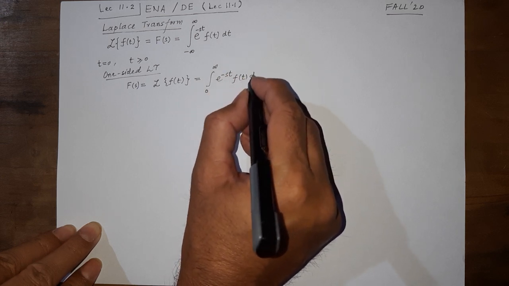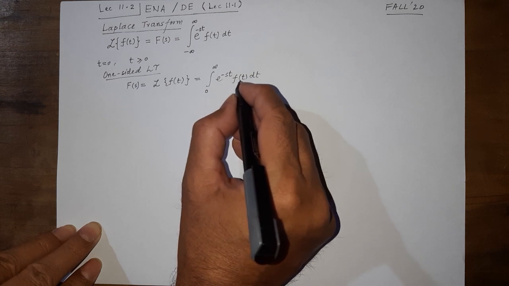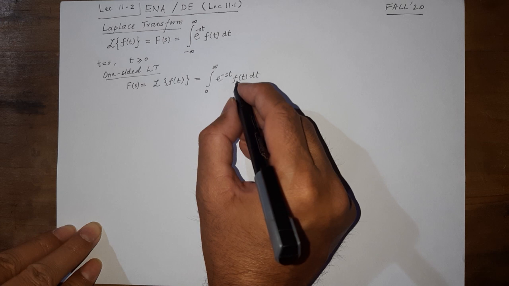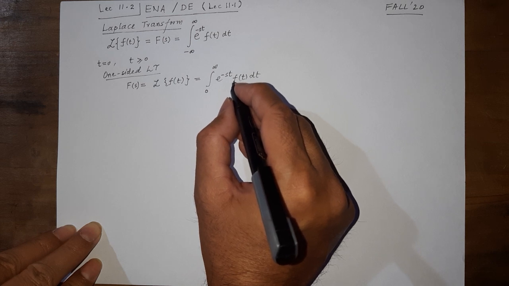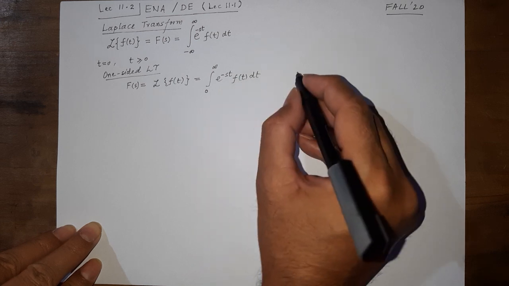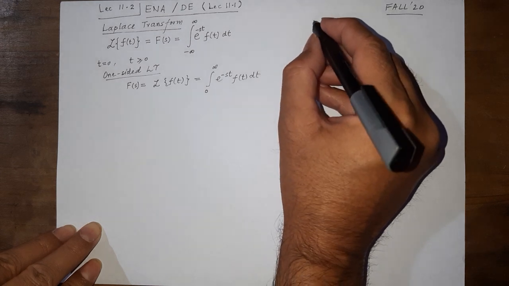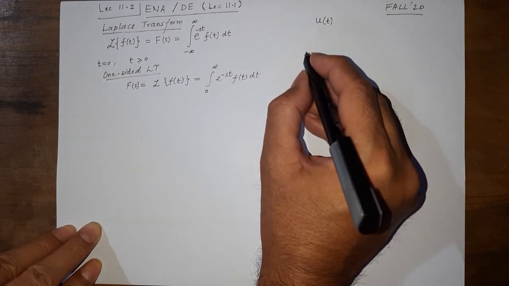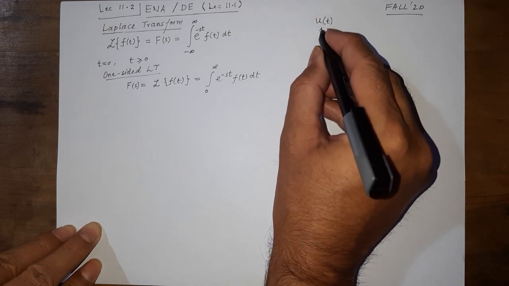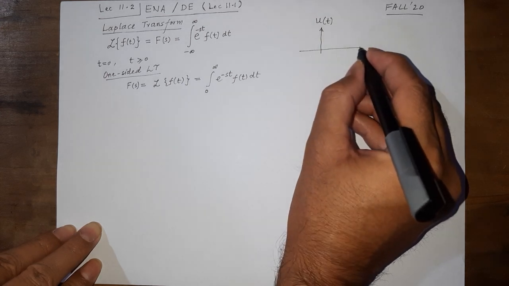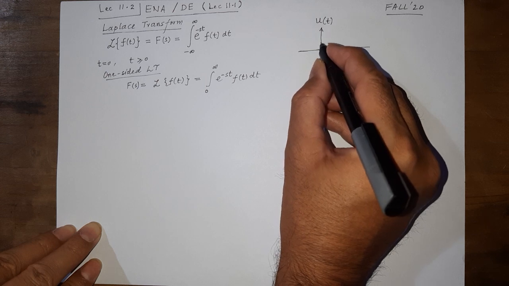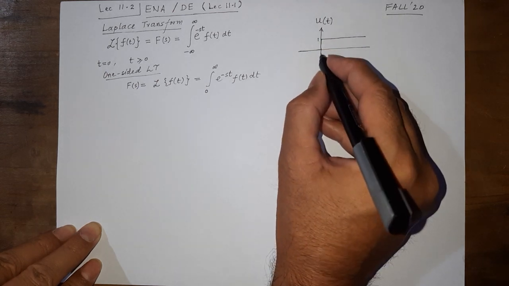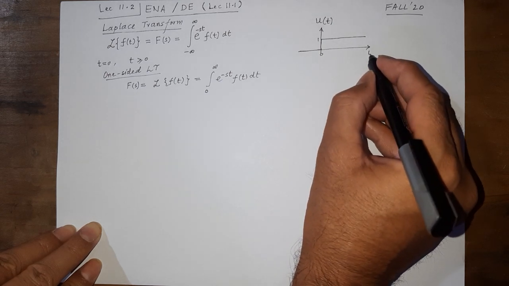Why? Because the voltages or currents that we will be encountering are often 0 before t is equal to 0. So I hope you remember that unit step function u(t), which by definition is 0 before t is equal to 0, and has a jump or a step of size 1 at t is equal to 0.